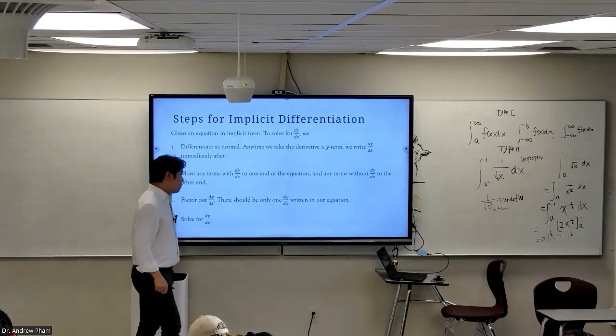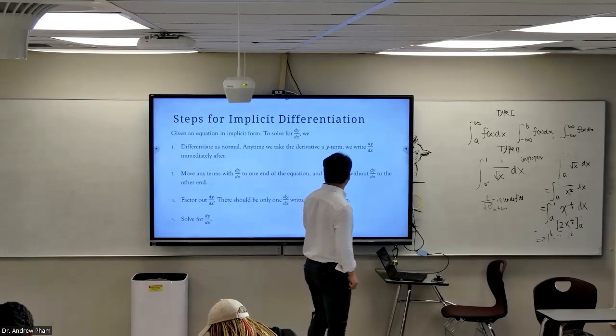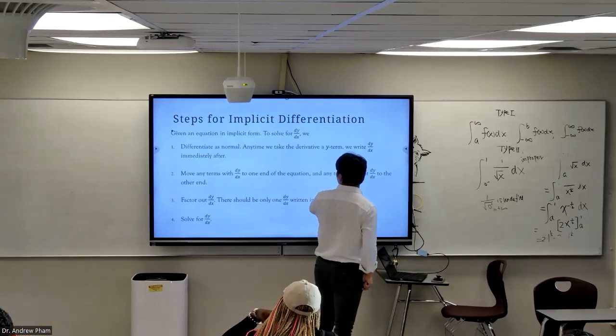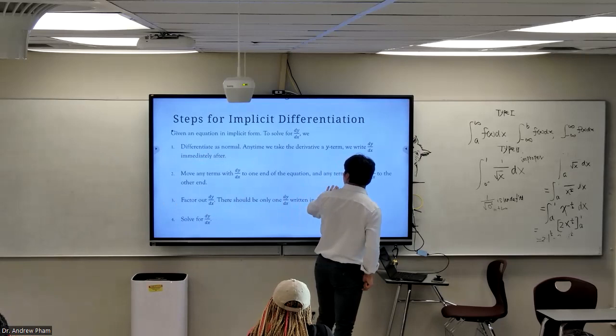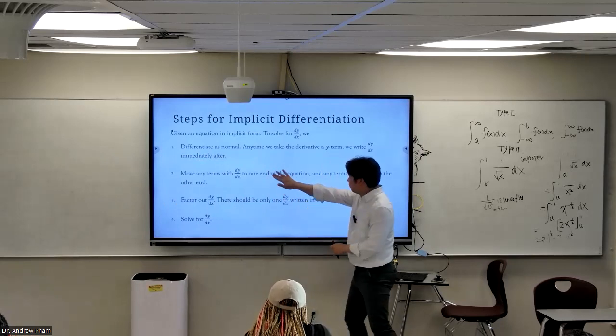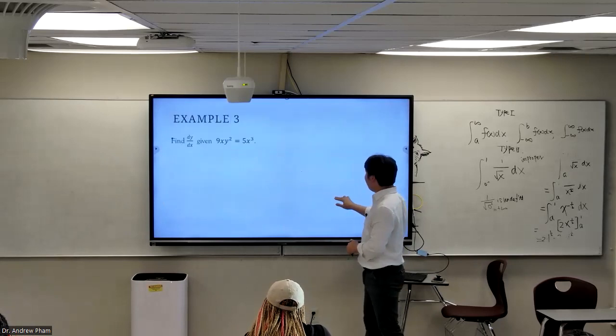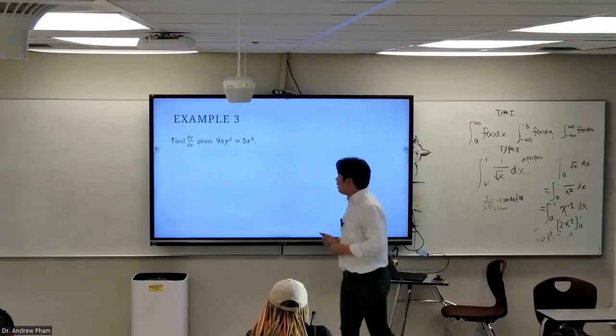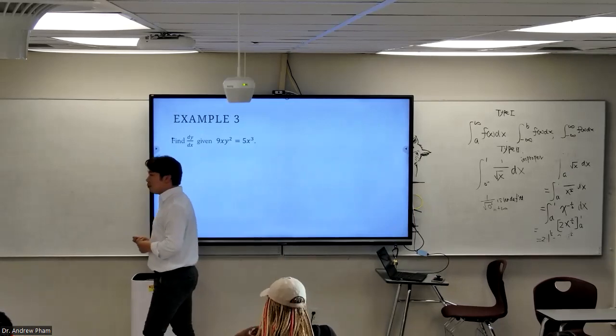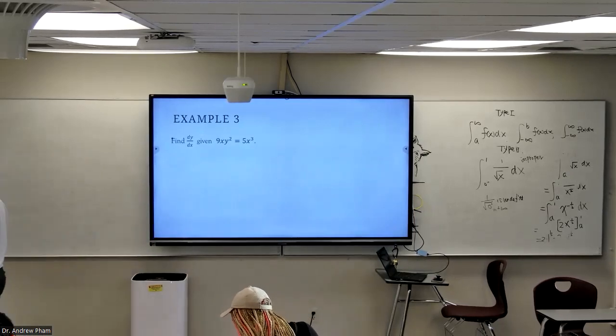So let's go ahead and look at example 3. Let's throw in some derivative rules that we know. Find the derivative of y, given that we have 9x y squared is equal to 5x cubed.